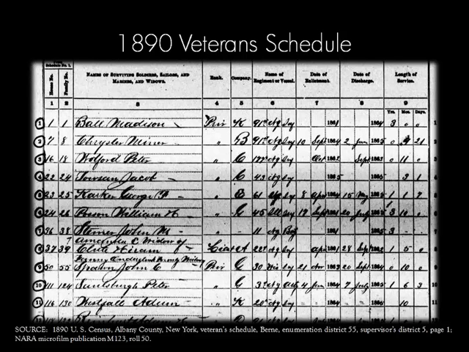Of course, then it gives the name of the soldier. If the soldier was deceased, it would give the names of the widows. So, for example, on line 8, it lists Hiram Clute. Now, Hiram Clute would not have appeared in the population schedule at all. You would have seen his widow, Amanda E. And it says Amanda E., widow of Hiram Clute.